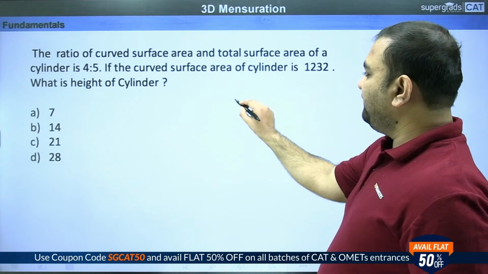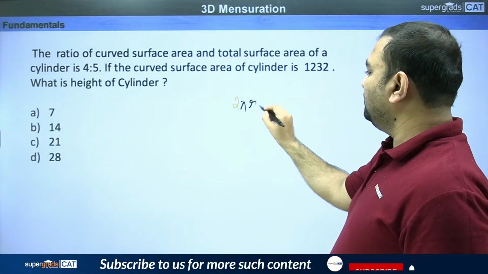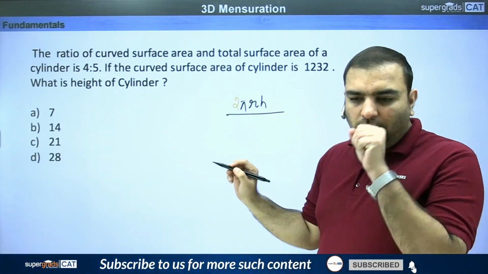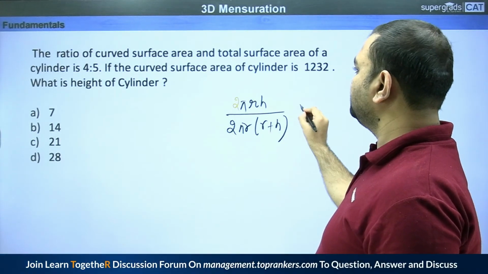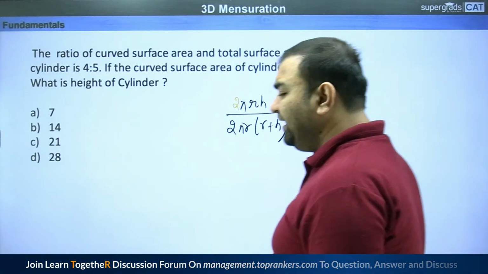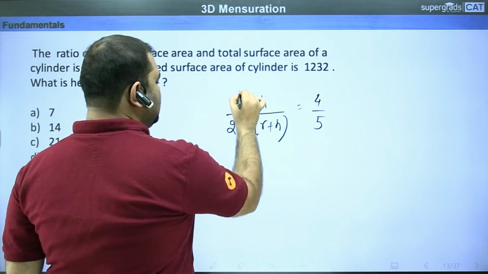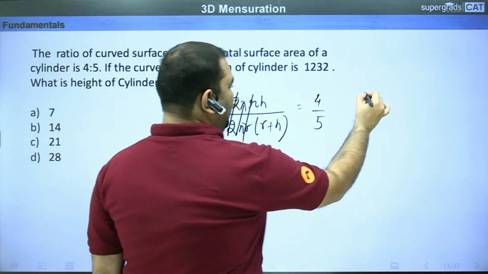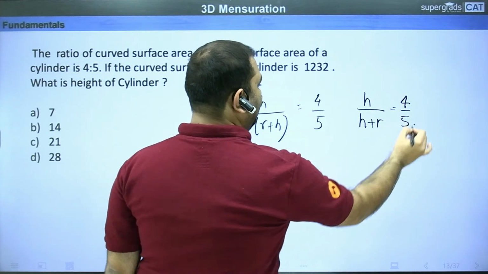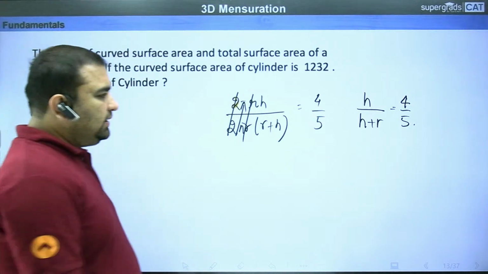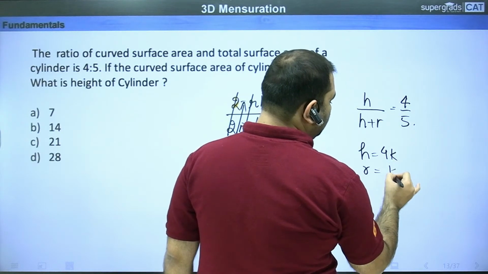सर सिलेंडर का कर्व्ड सरफेस एरिया होता है 2 पाई आर एच, और टोटल होता है 2 पाई आर (आर प्लस एच). सो हाइट अपॉन हाइट प्लस रेडियस would be in the ratio 4:5. दिस मीन्स कि अगर हाइट 4k होगा तो रेडियस k होगा. क्यों?